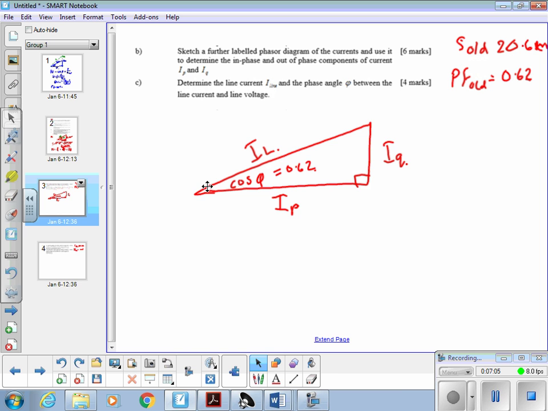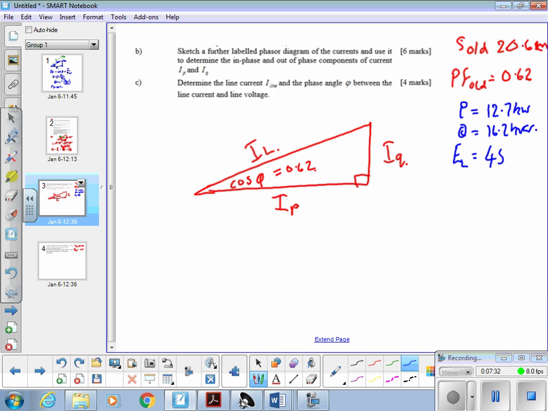So we know that P is 12.7 kilowatts, Q, anything else we know? E line. Where are we going then?